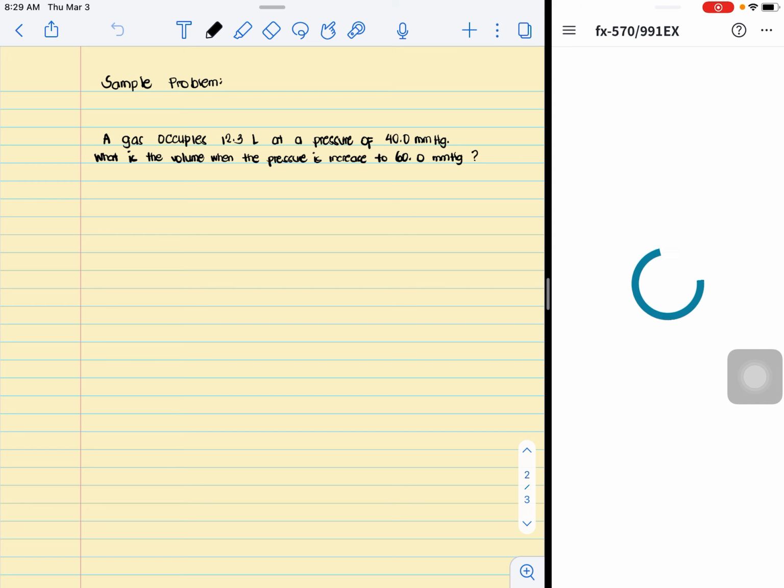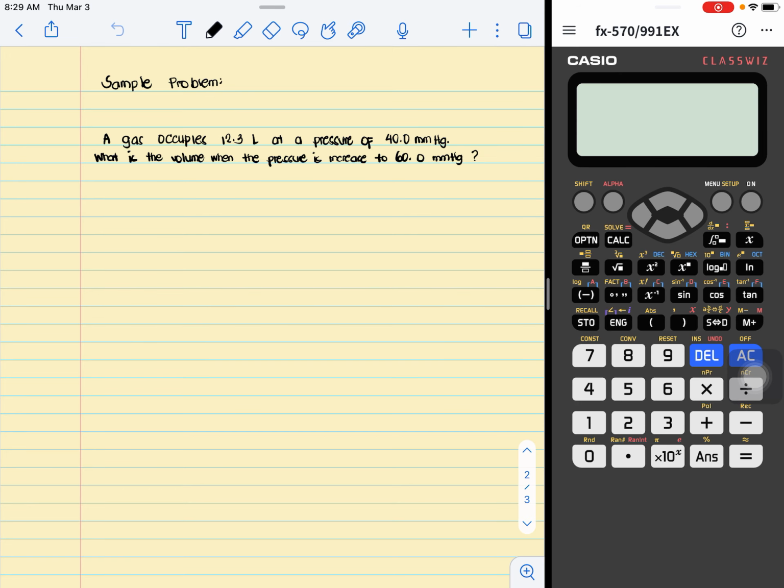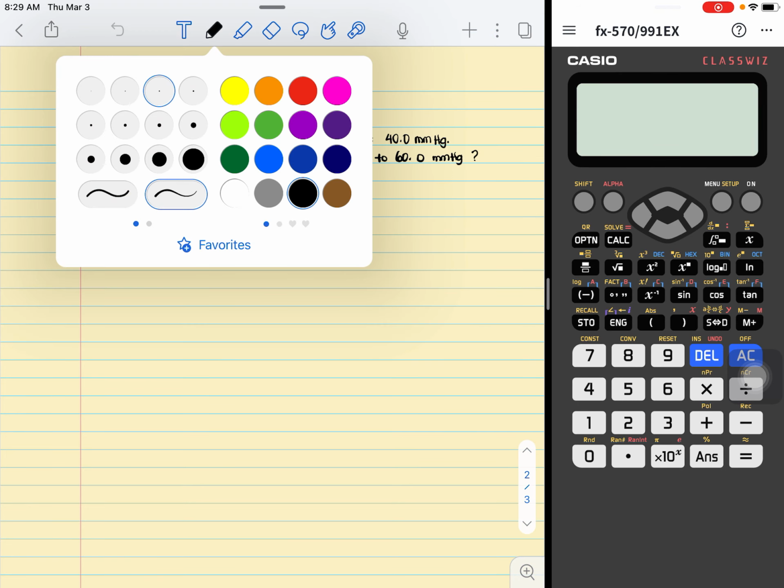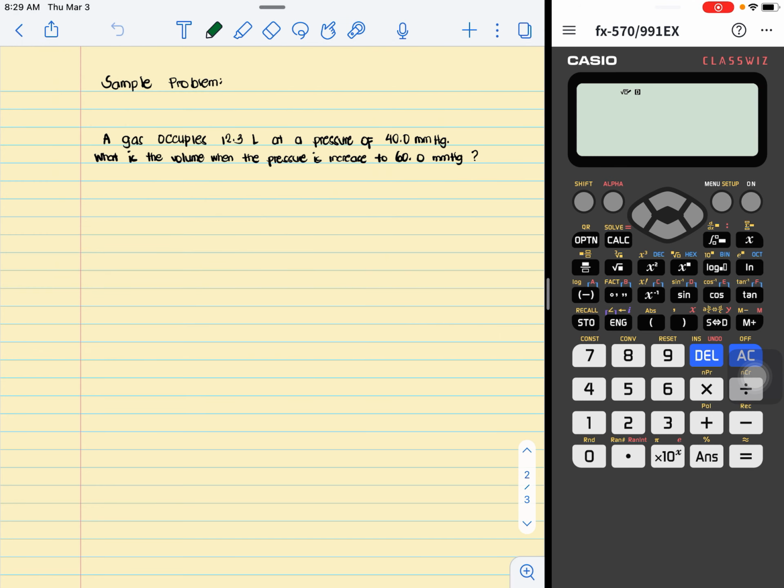Okay. So let's use the GUESS method, or a graph. Given are 12.3 liters, which is the initial gas volume, let's say volume 1.